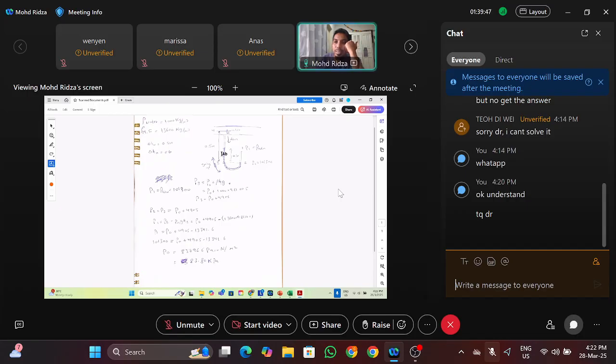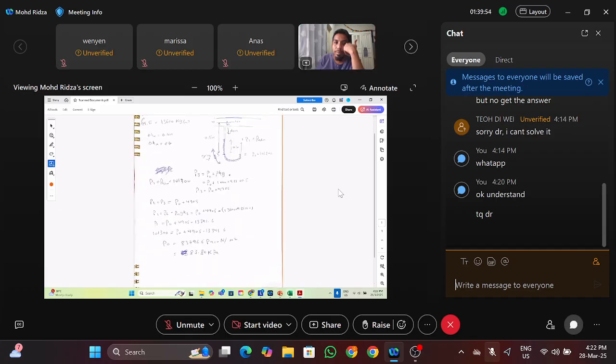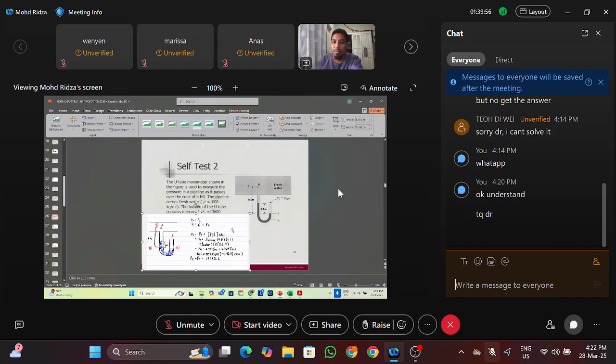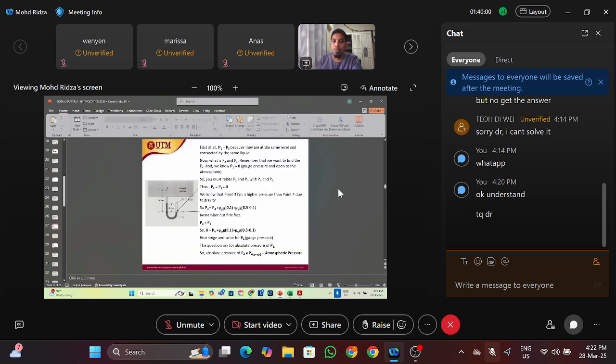Hopefully, does anybody want to share their solution to discuss? So I'm not sure whether it's in the notes or not, but here is the step-by-step guide. So we understand P1, P2 equals 0.